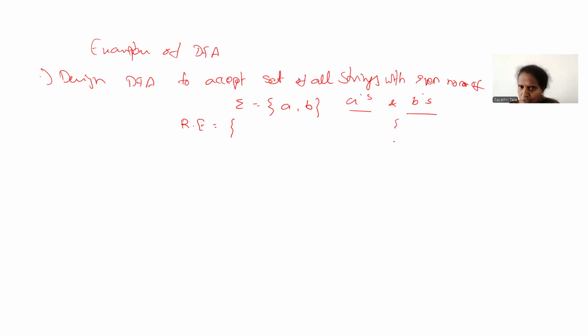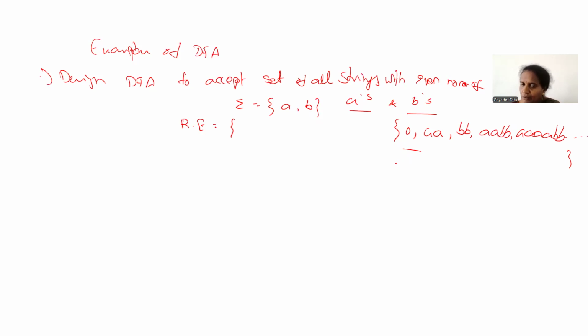So one possible string is the empty string, meaning no A's and no B's. Two A's is possible, two B's is possible, otherwise four A's, two B's, like this. One is without reading anything, that means empty.